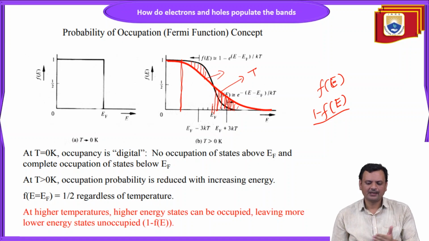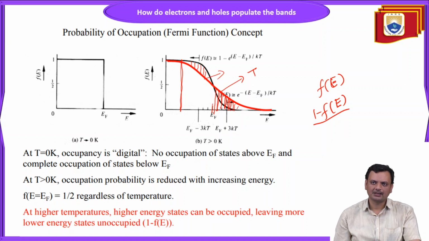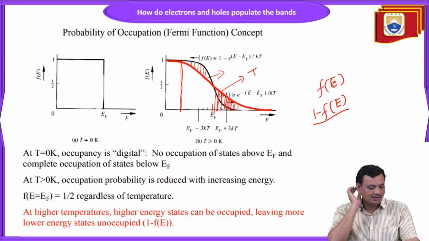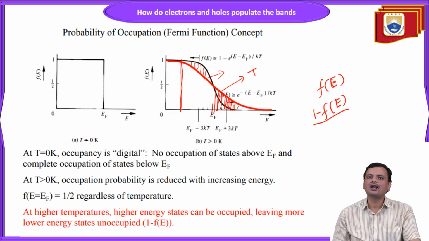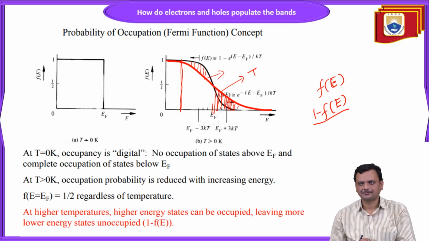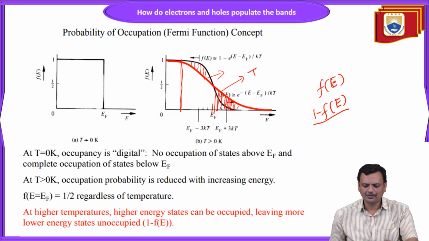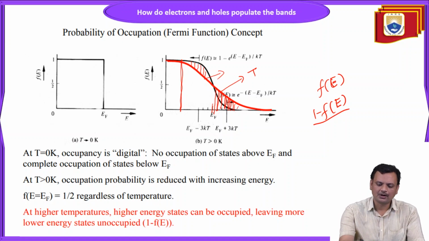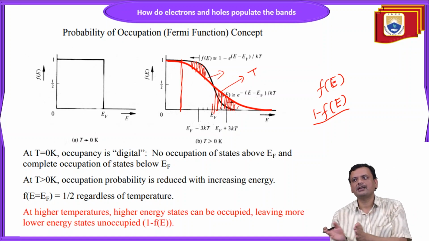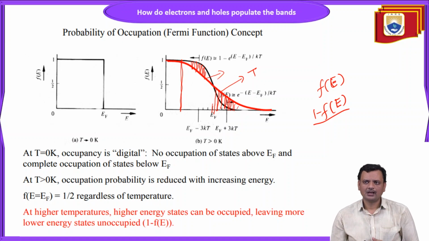At higher temperature, higher energy states can be occupied, leaving more lower energy states unoccupied. So 1 minus F(E) will also increase. If F(E) decreases for a valence band level, then 1 minus F(E) will increase.